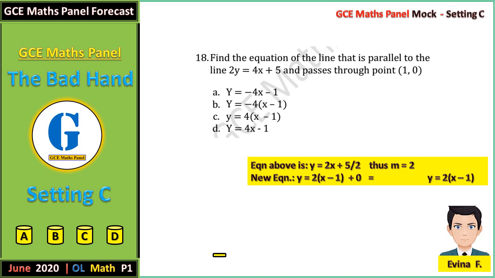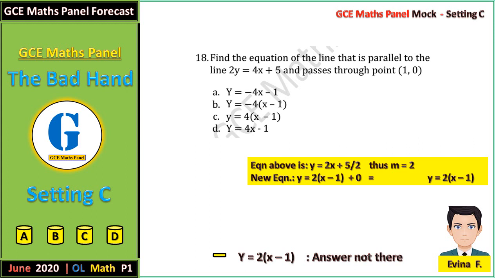So the gradient here is 2. The gradient is not 4. And now, for the line to pass through the point 1, 0, we just have y equals m into x minus x1 plus y1. And that gives us y equals 2 into x minus 1. Looking at it carefully, you find out that the answer is not here, except we have to change the 4 or replace it with 2.